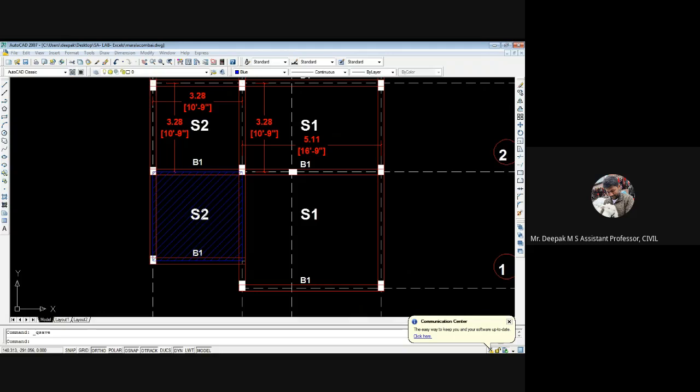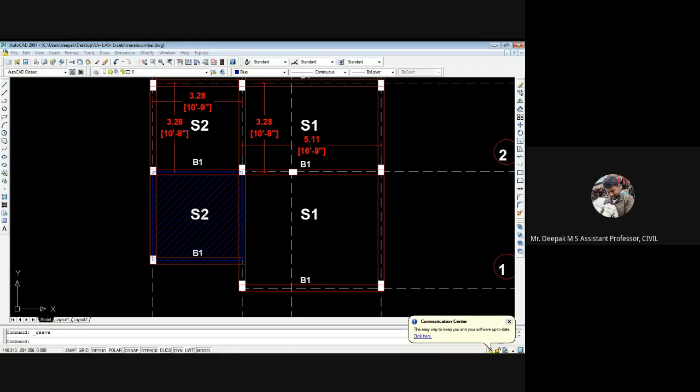Since I told you yesterday that the building is G plus 3 in height, the floor live load considered is 3, and the unit weight of RCC is 25, as we all know. Thickness of the wall assumed is 9 inches or 230 mm. Factor of safety is 1.5, and these are all the types of slabs and their basic span to effective depth ratios from the code book.